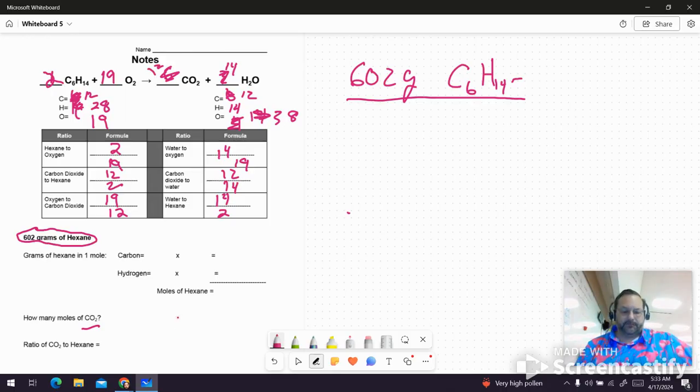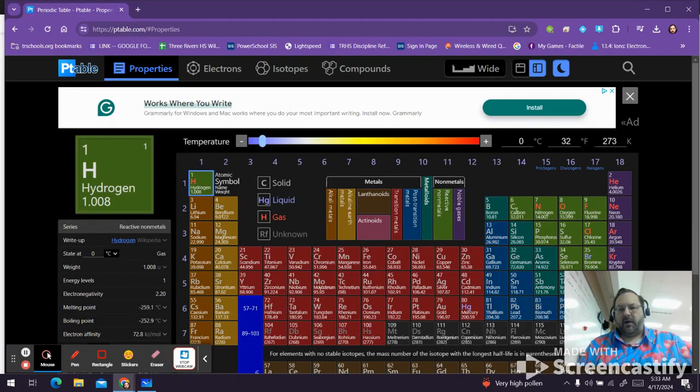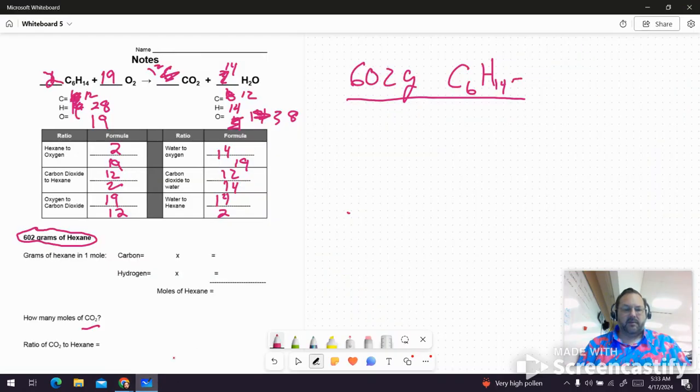So carbon, let's look back over here. We'll find the mass of carbon and we'll find the mass of hydrogen. Carbon we looked at, carbon is 12.011. So I'm going to say 12. Hydrogen over here is 1.008. I'm going to say 1. So 12 and 1. Let's go back over here. Carbon is 12.